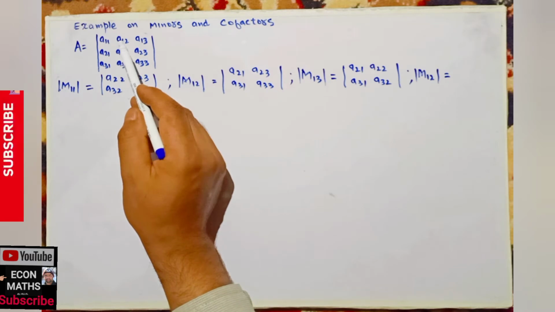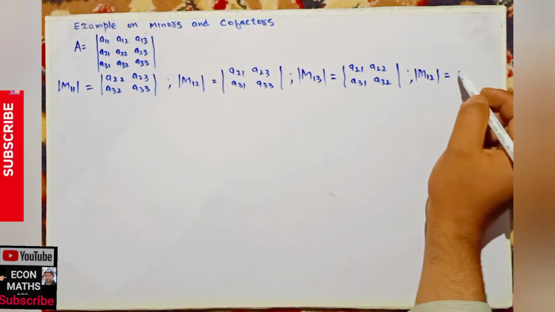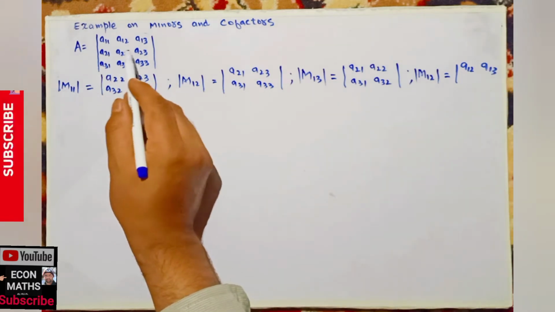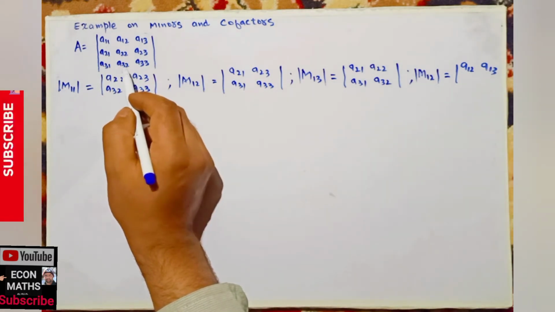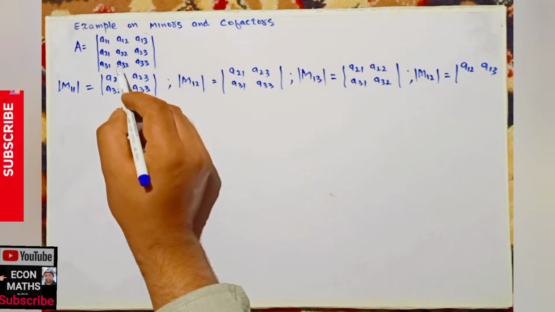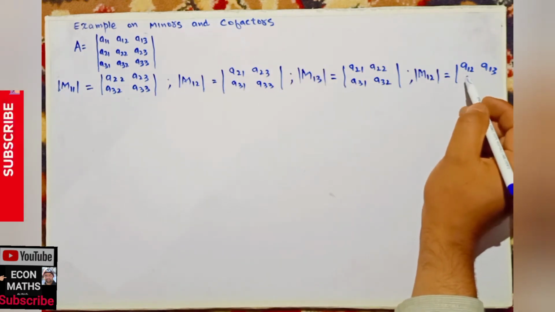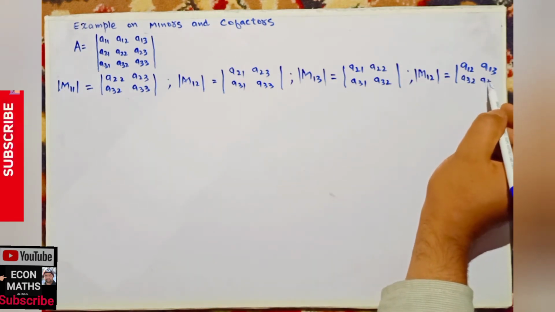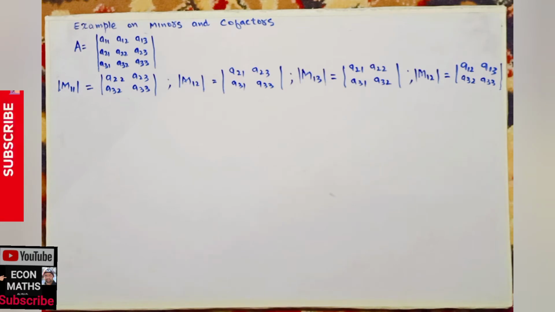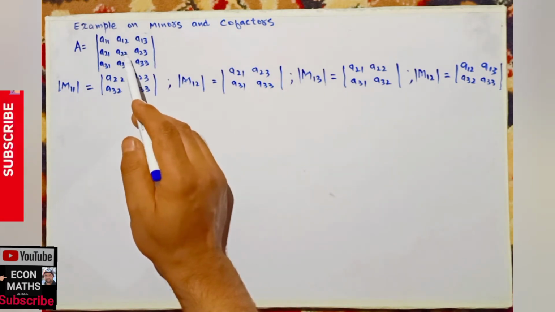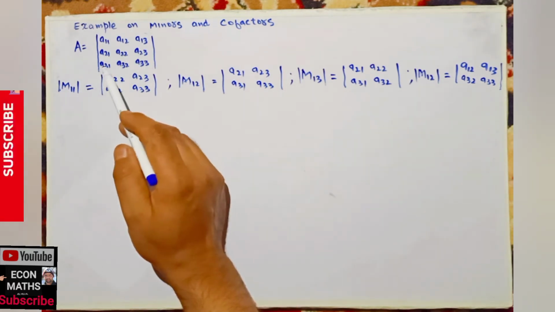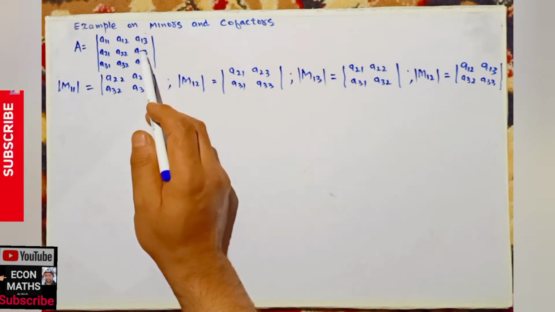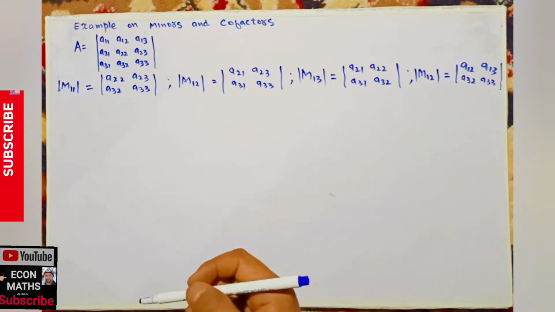The remaining elements are A12, A13, A32 and A33. So accordingly we can find the minor at the place of A22, A23 by mentally deleting the row and the column in which the corresponding element appears and taking the determinant of the remaining elements.